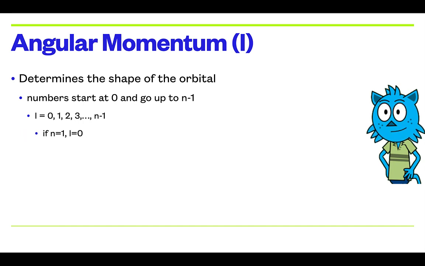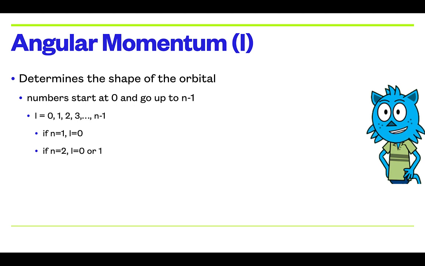So if we have an n equal to 1, so your very first principal quantum number, then L has to be 0. That is the only possible quantum number for L if n is equal to 1. If we go to an n equal to 2, well, then we have two different possible values for L. It can equal 0 or it can equal 1.